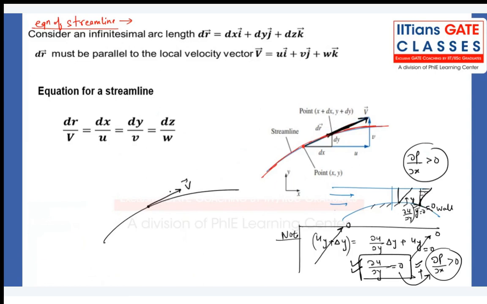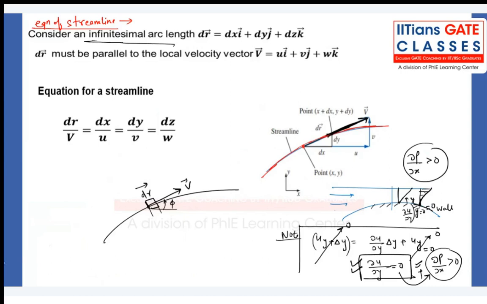For a very small position change dr, for a very infinitesimal arc length, let's say the angle is phi. Now tell me, this dr and v, can I say for a very small region both are parallel?